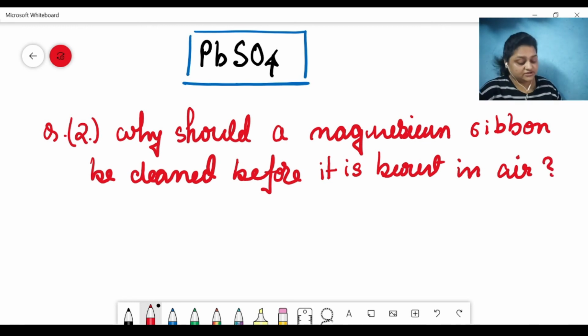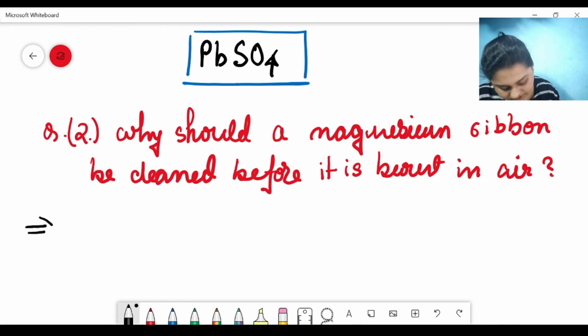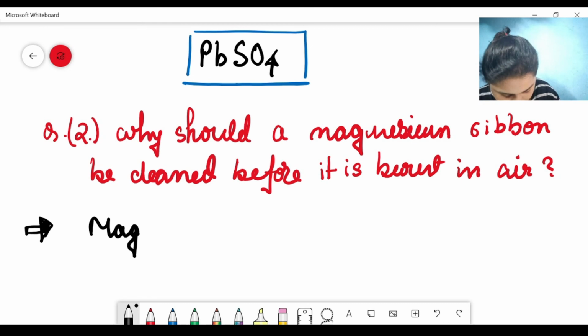The question is saying, why should a magnesium ribbon be cleaned before it is burned in air? The answer for this one is, magnesium is a very reactive metal.